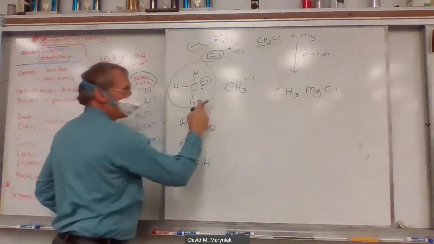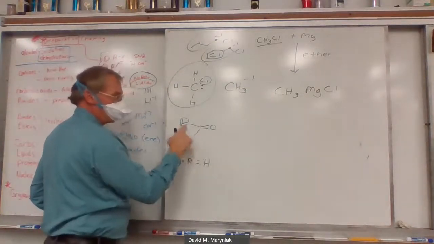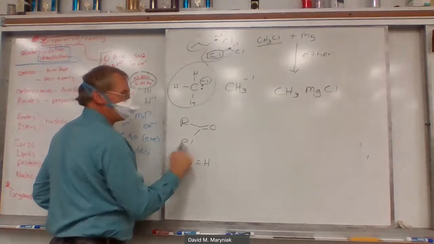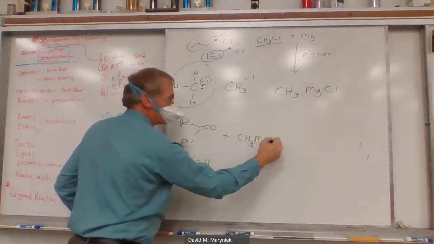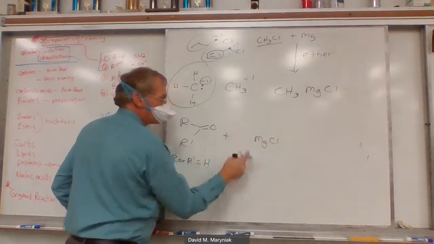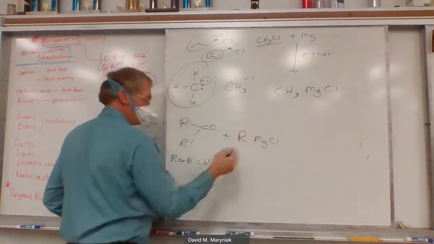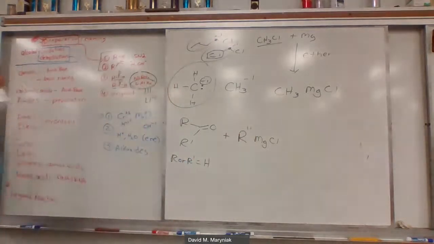Once you make your Grignard, if you react it with any aldehyde or ketone, we just use generics. How are you going to fish out what's going to happen? Where your themes become really important.